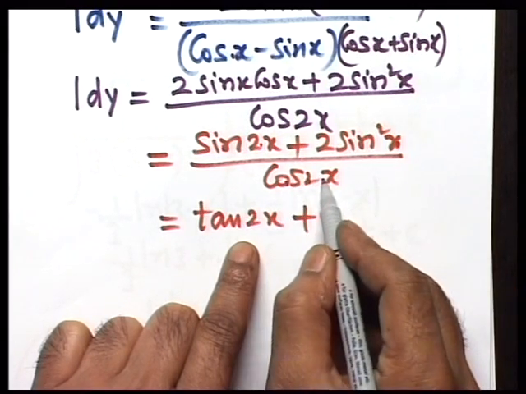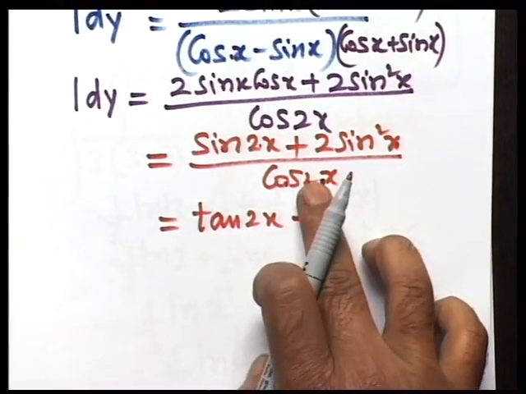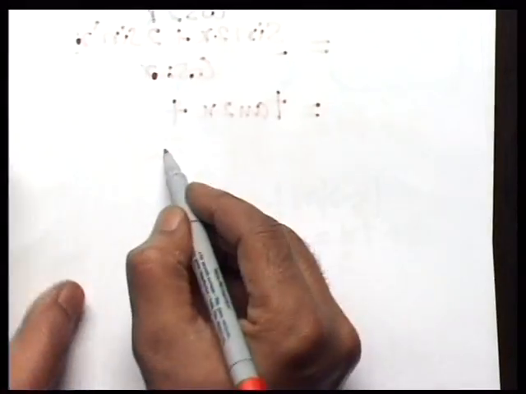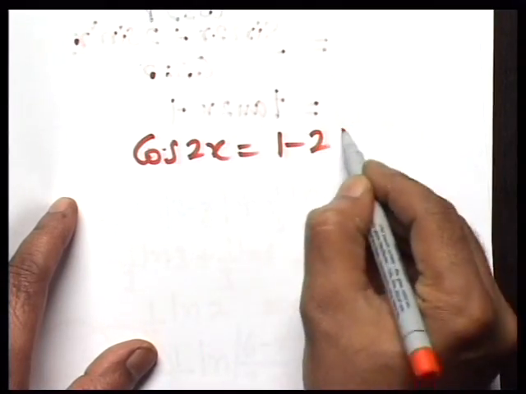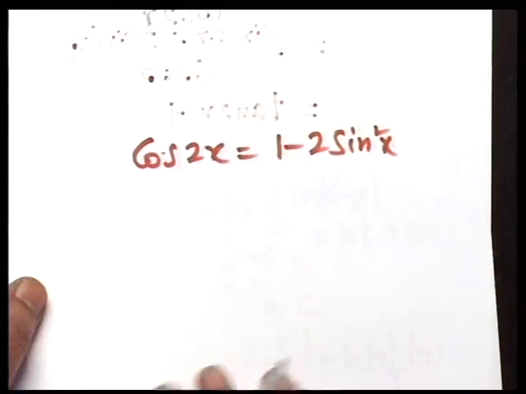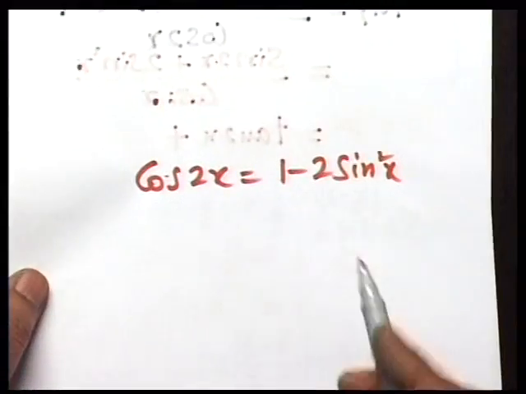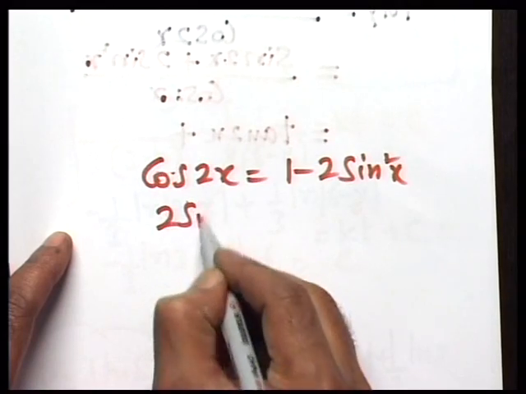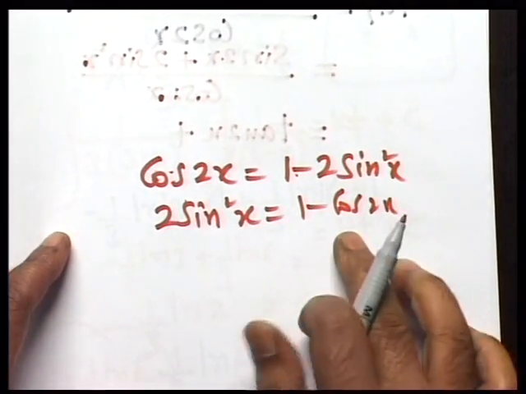This is over cos 2x. Right, we go back to the double angles of cos theta. So we know cos 2x equals 1 minus 2 sin square x. We have 2 sin square x. Maybe we can make that the subject here. That comes to the left, 2 sin square x equals 1 minus cos 2x. That's all, guys.